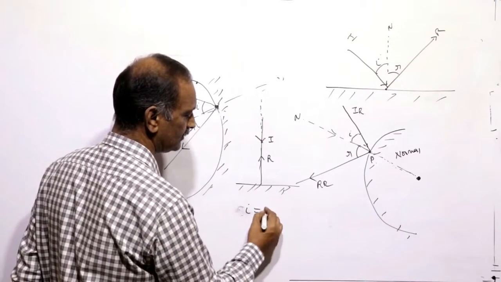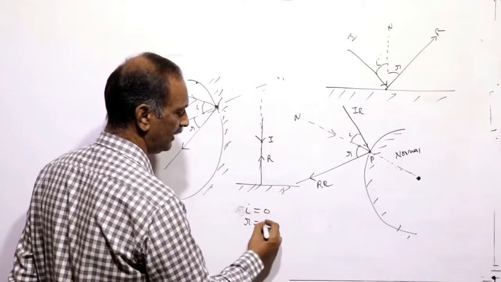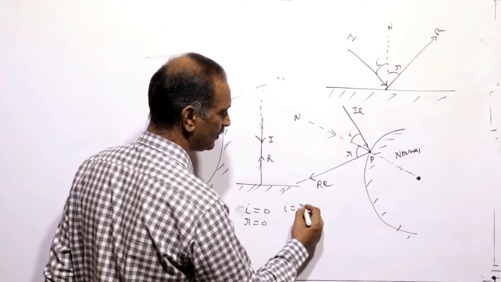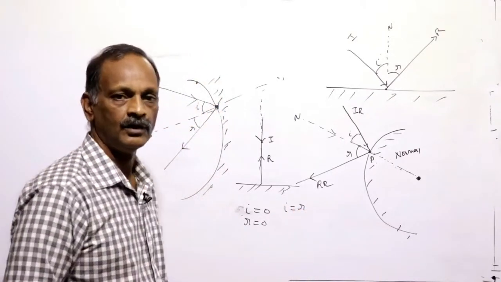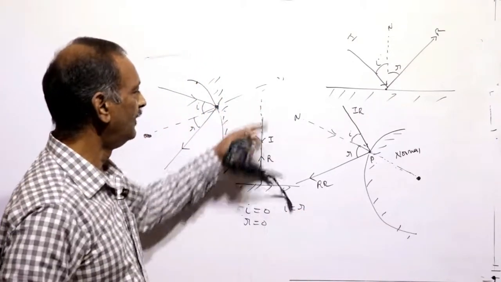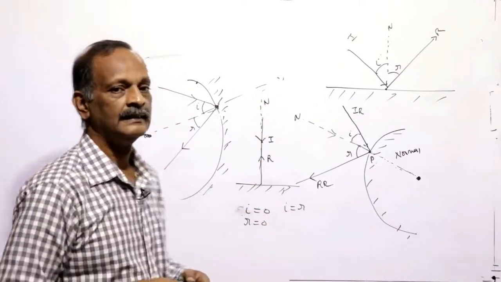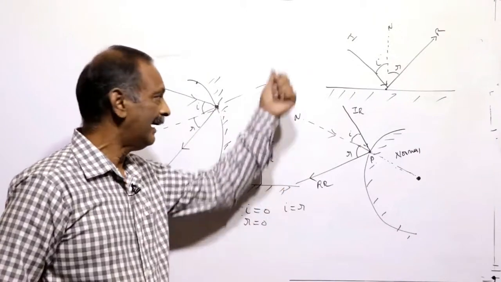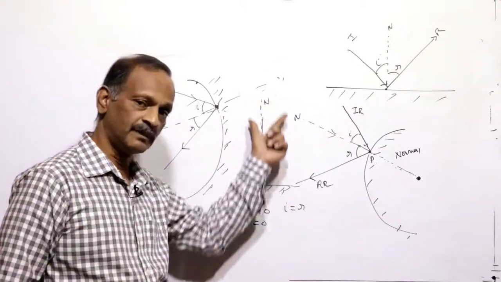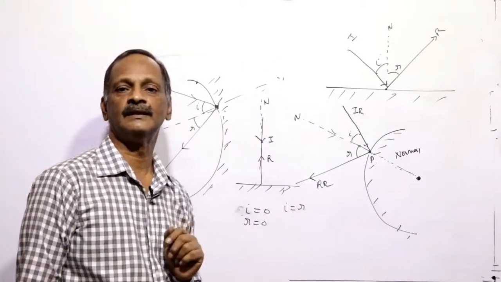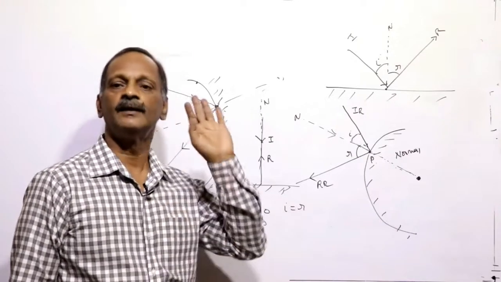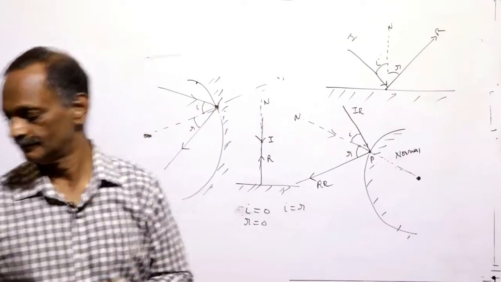So I is equal to 0. So R has to be 0, because I is equal to R according to the law of reflection. Therefore, when a ray is incident along the normal, along the perpendicular to the reflecting surface, it will retrace its path.